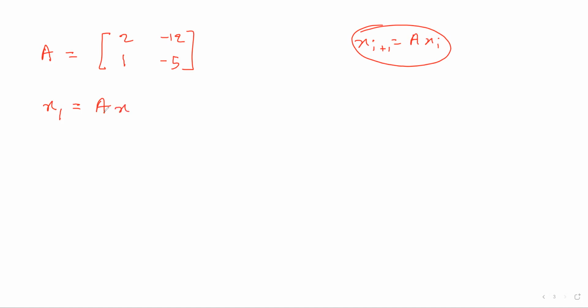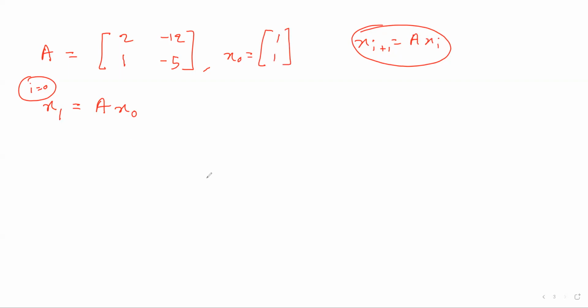For i equals 0, the first equation is x1 = A x0. Now the question is, what is x0, the first initial choice? It's up to us. The very safe choice would be just (1, 1).